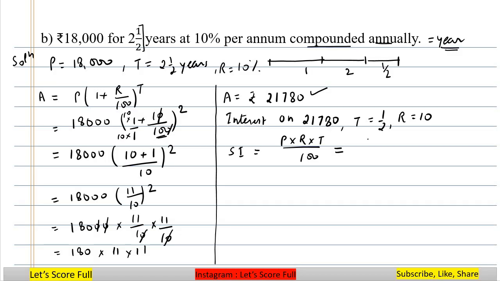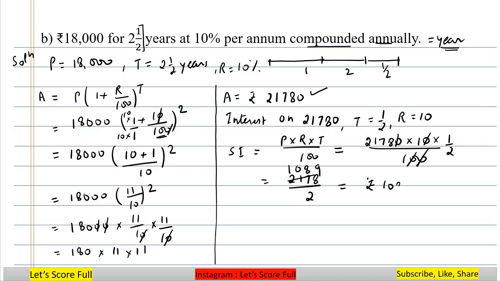From here, principal is 21,780, rate of interest is 10, time is 1/2, upon 100. We can cancel 10 and 10 and also divide by 2. So 2178 divided by 2, what will it be? 1s, 0s, 8s and 9s. That is rupees 1089.